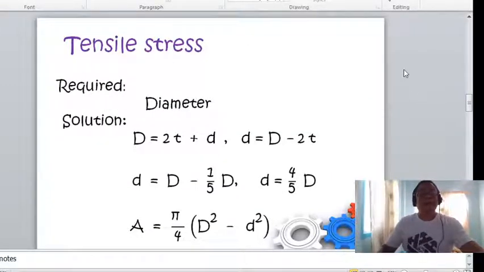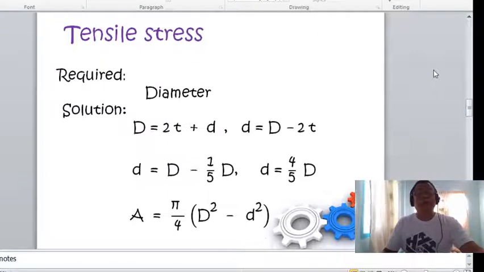Let us now consider that the required of the problem is the diameter of the hollow tube. The outside diameter of the tube is equals to 2 multiplied by the thickness plus the inside diameter.